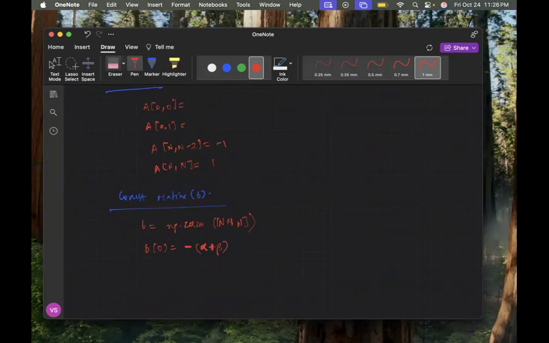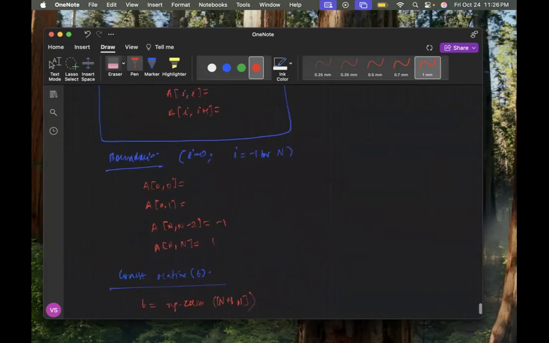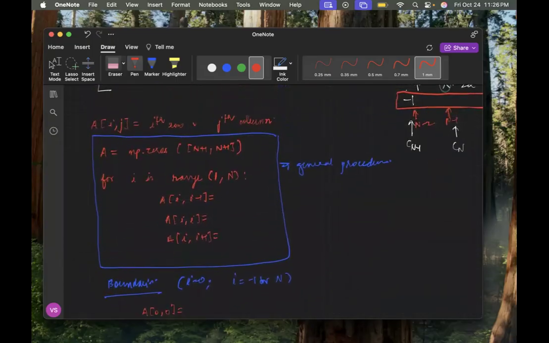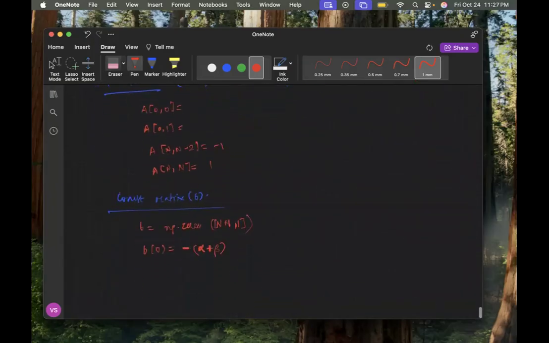Right? So that holds for our case. That's how you formulate the B matrix. Sorry, the B vector. And even if the other boundary is something weird and you get a constant there, you can include that. So this is how you generally formulate the coefficient matrix A and the constant matrix B. All right.